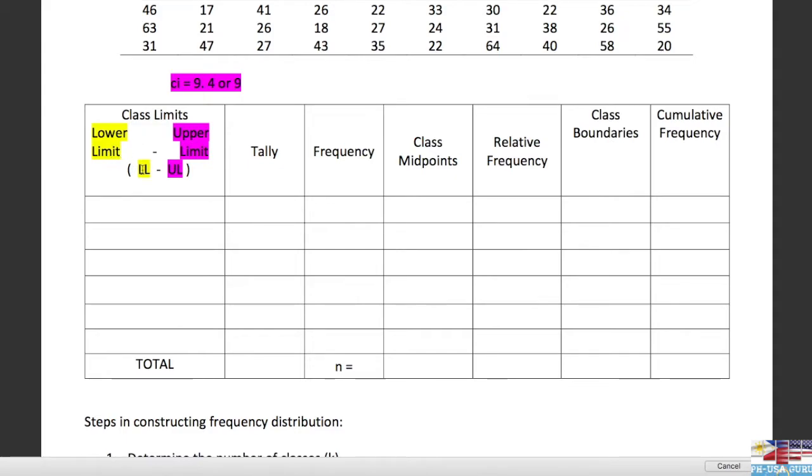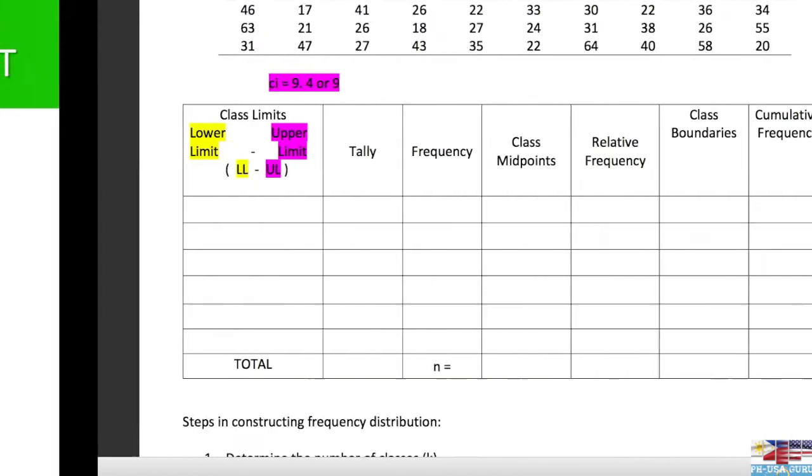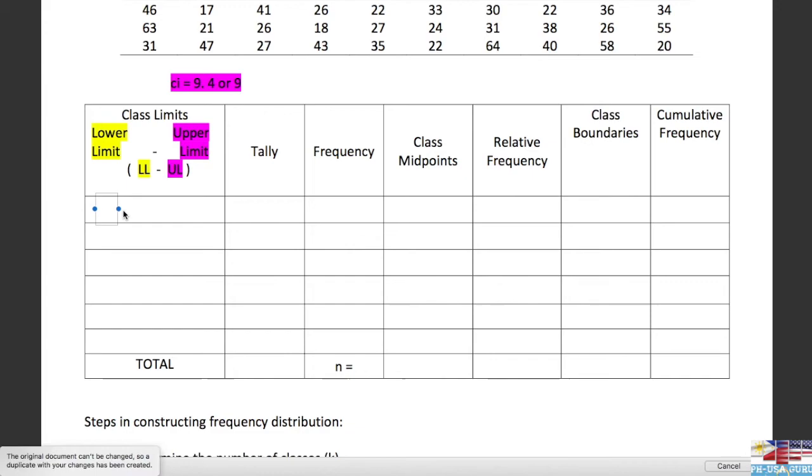Lower limit stands for LL, upper limit stands for UL. So the first thing that we have to do according to the step is select a starting point. That starting point can be the smallest data value, and the smallest data value is 17. But we have to find the upper limit for that.